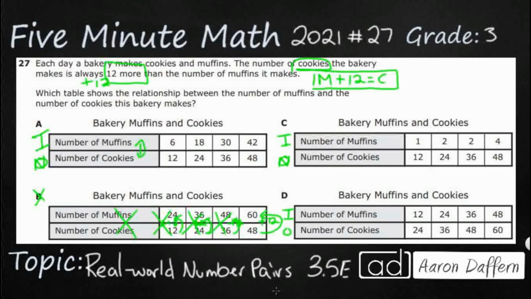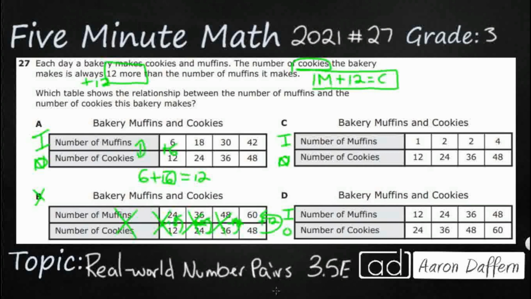So we have our muffins. What do we have to do to get from muffins to cookies? Well, it looks like we're going to get a little bit bigger here. So we're going to add something. So 6 plus what makes 12? So I know my facts. That's doubles facts. So 6 plus 6. Let's see if that holds true here.